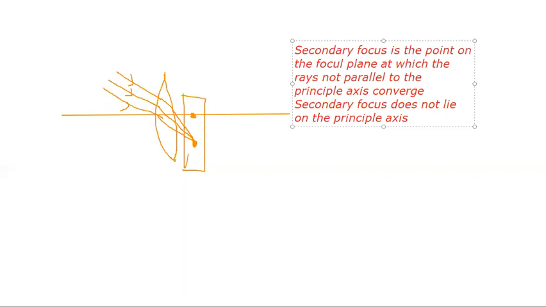For example, there may be this type of... so this point is again another secondary focus, and see, this point is on the focal plane, but it is not on the principal axis.